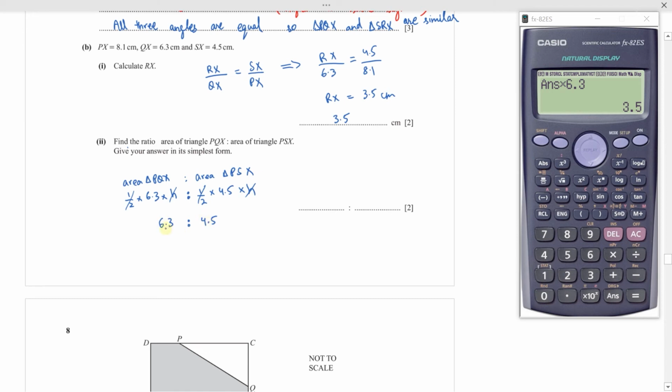I can multiply by 10 on both sides of the ratio, so I will get 63 ratio 45. And now I can divide by 9 on both sides. 9 sevens are 63, so 63 divided by 9 will give me 7. And 45 divided by 9 will give me 5. So your final answer of the ratio of area of triangle PQX and area of triangle PSX will be 7 ratio 5.